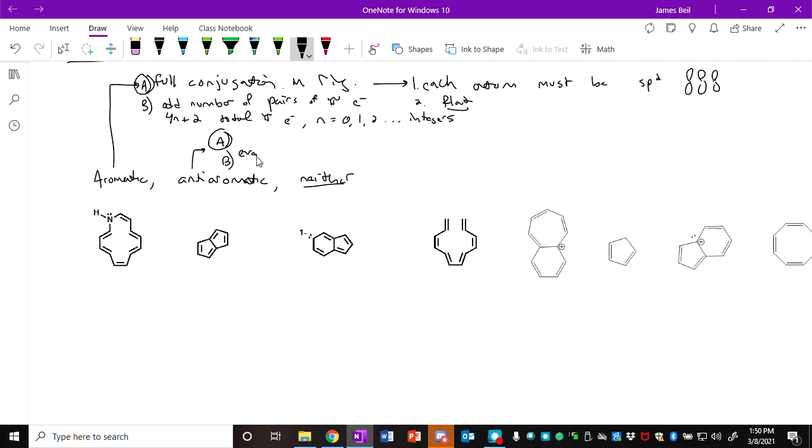We need an even number of pairs of pi electrons, which is 4n total pi electrons, where n is a whole number integer. And neither would just be any situation where those combinations of criteria are not met together with one another.